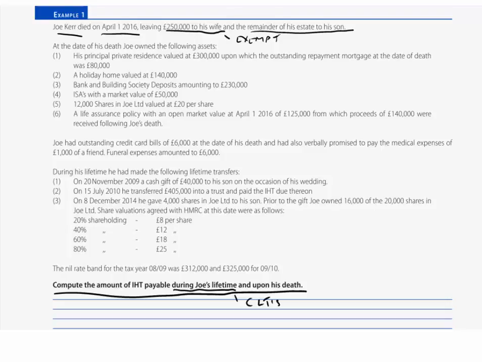At the date of his death, Joe owned the following assets. Now, be careful about the wording. I've used a term there rather than just his family home, his principal private residence. Now, the examiner uses this language to see whether you've understood the different rules in the different taxes.